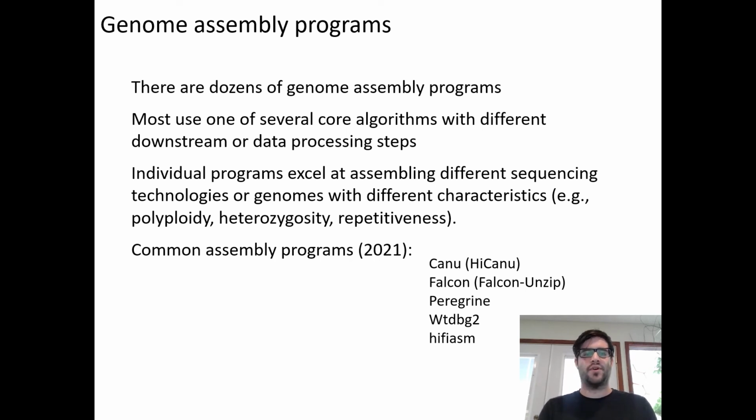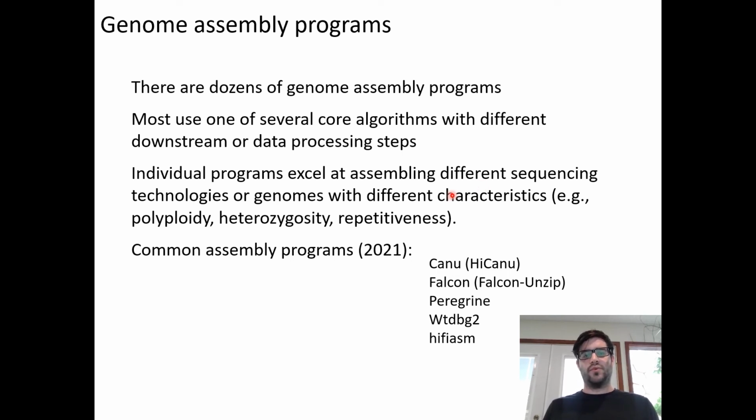Different programs were built and tested with different types of data. Some work well with older sequencing technologies, such as Illumina, which is a next generation sequencing, or Sanger sequencing, and others work well with these longer single molecule based approaches like PacBio or Nanopore.